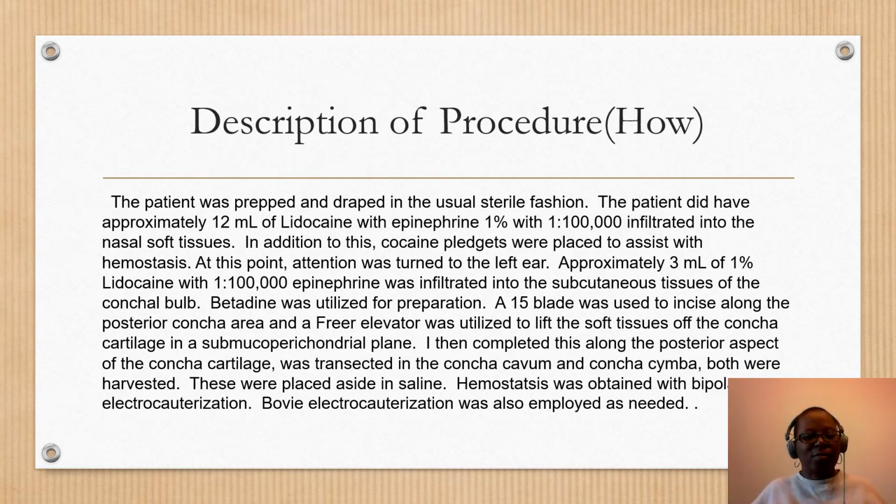Hemostasis was obtained with electrocauterization, and suture was also employed as needed. So he's showing you, okay, I approached the body part here, this is what I did in this body part, and then I'm closing it up. The description is really telling you play by play, step by step, what transpired during that encounter.